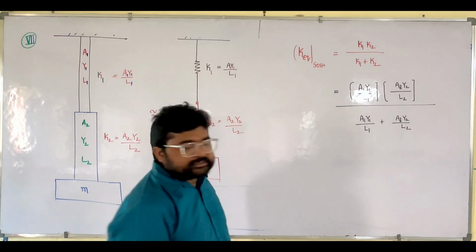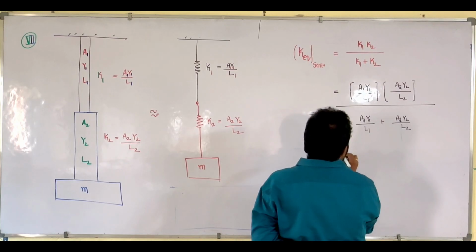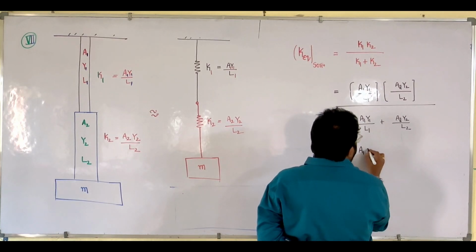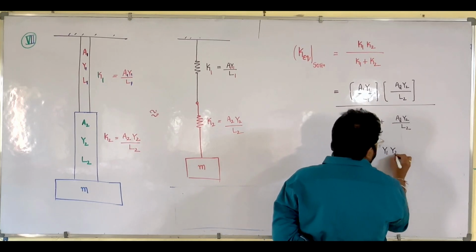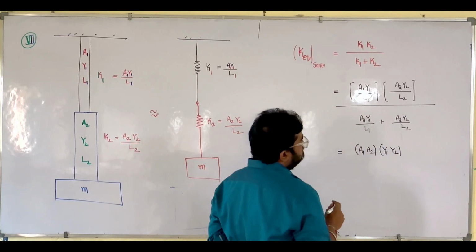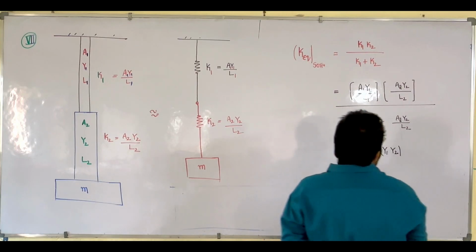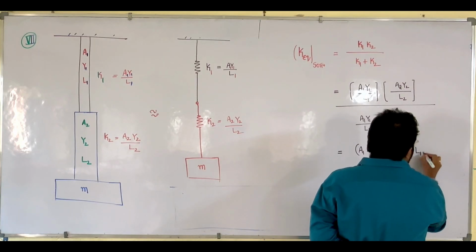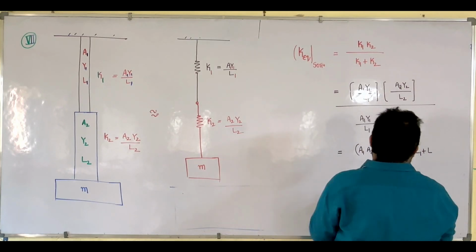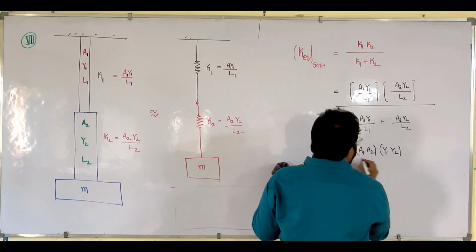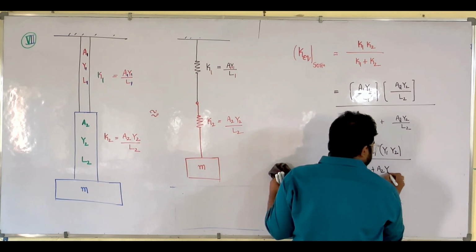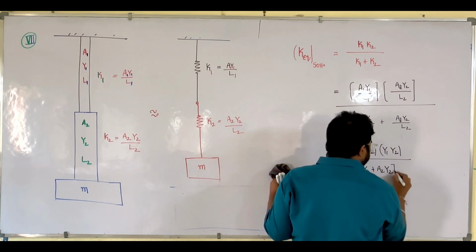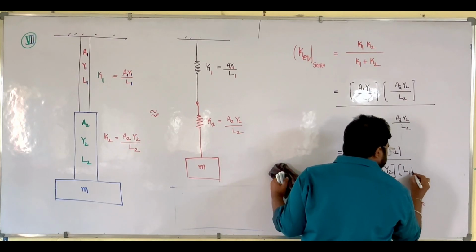Are you clear? So now tell me, what will you get here? A1 A2 into Y1 Y2 into L1 by (A1 Y1 plus A2 Y2 into L1 plus L2).